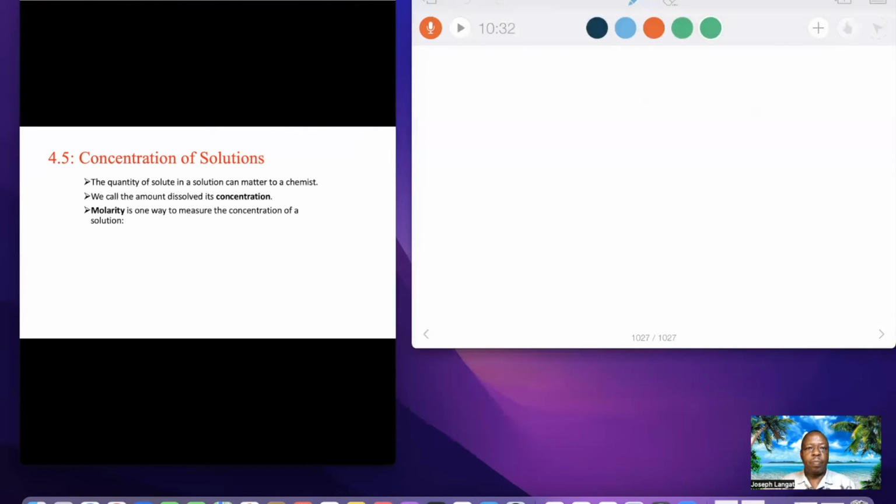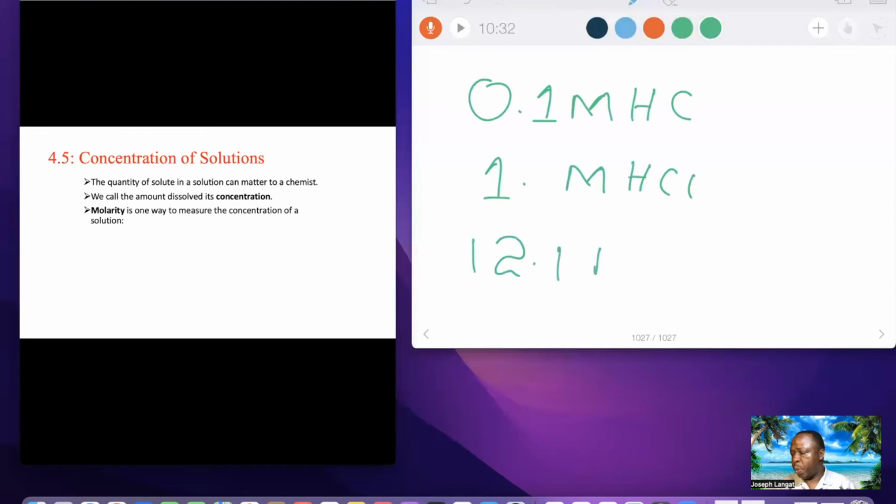Molarity is a unit for expressing the concentration of solution. You have seen in the lab, let's say, 0.1 molar HCl, 1 molar HCl, or 12.1 molar HCl.